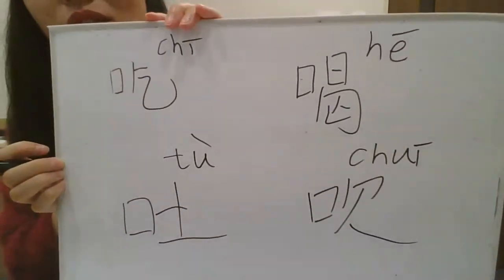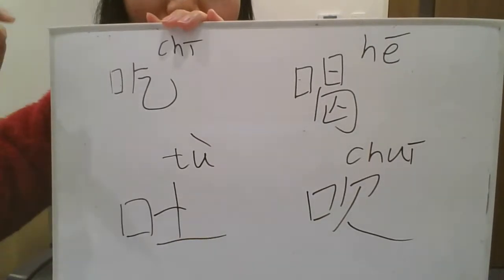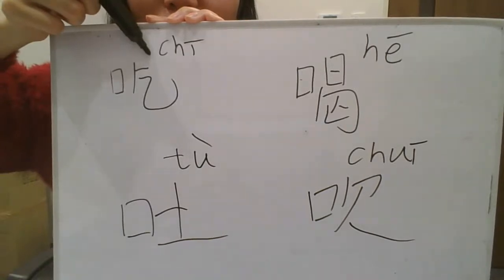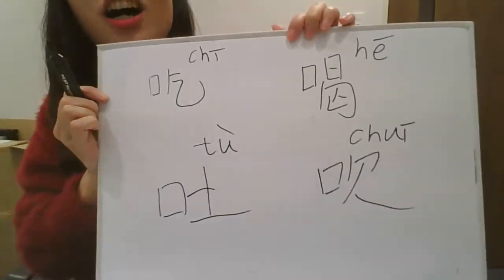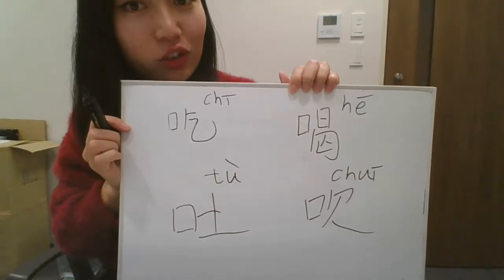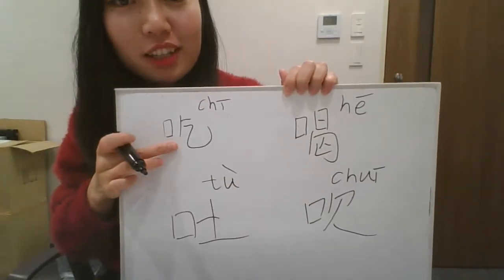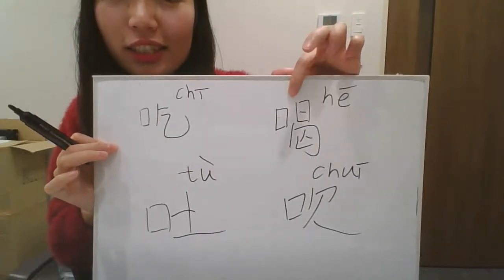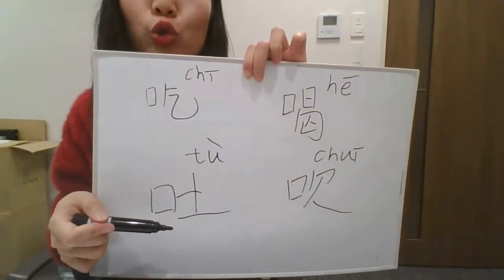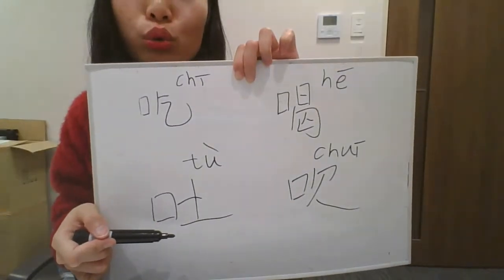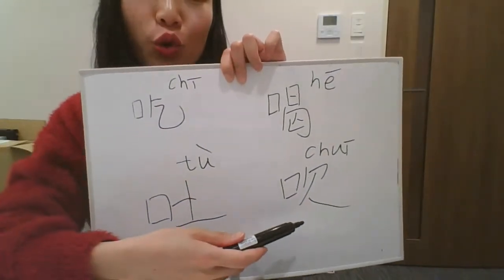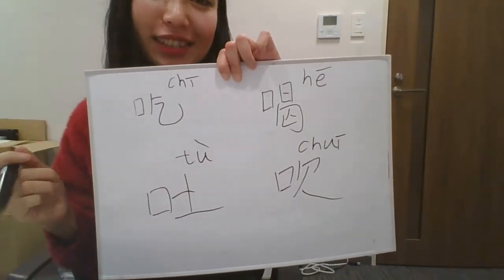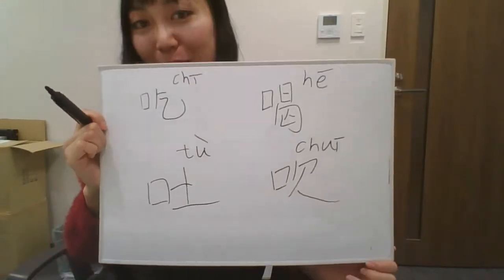Okay, so let's look at these four. Let's read together. 吃. This is 吃. The pronunciation is going to be very difficult. 吃喝吐吹. Okay. So who can tell me the meaning?